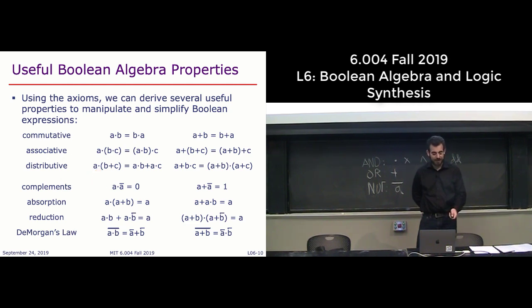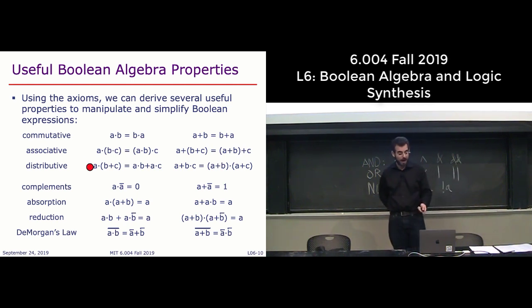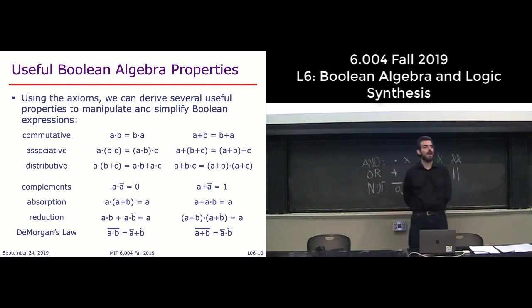The same way that multiplication is distributed over addition in integer algebra, AND is distributed over OR. But because of duality, OR is also distributed over AND, which is something that addition is not distributed over multiplication in integer algebra. So there are some differences.